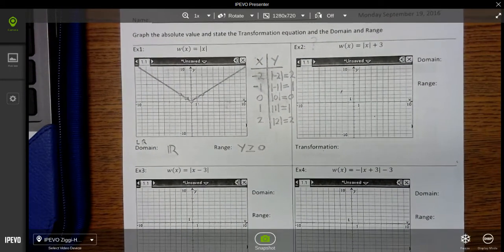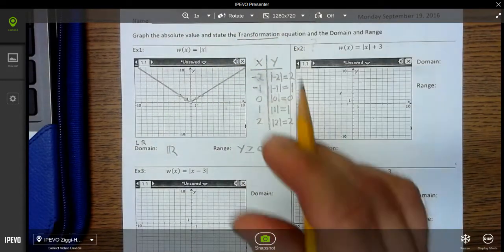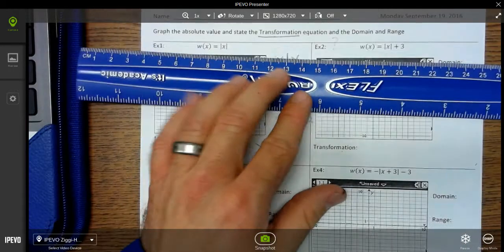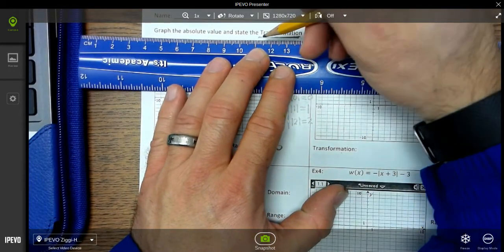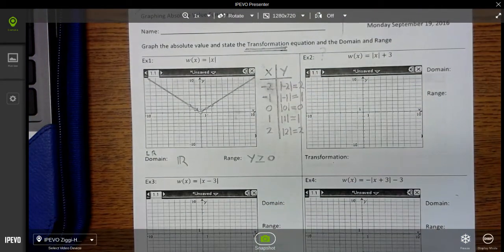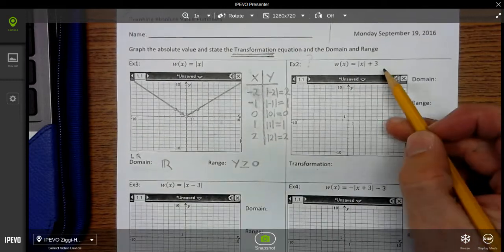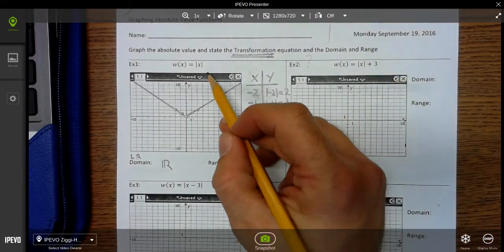All right, so when we talk about transformation, the transformation is based on the parent function. So we're transforming it from the parent function. When we say this transformation, it's based on here.